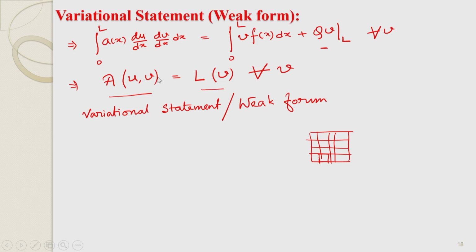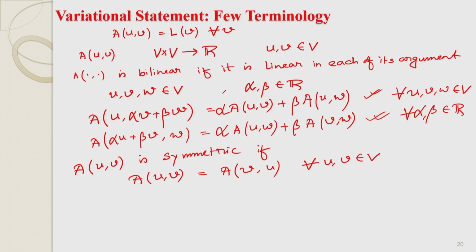So, that is the notion of symmetry. If you interchange between u and v, the expression remains same. It is not necessary that in our variational statement A u v will be symmetric. It depends on the given differential equation.